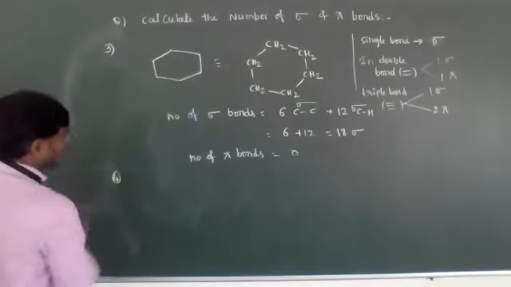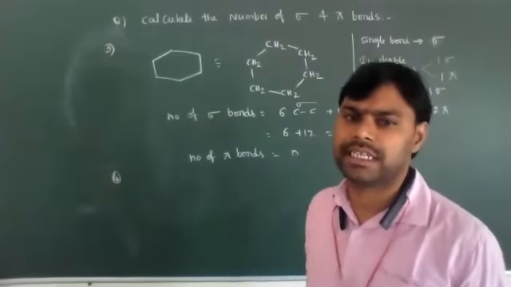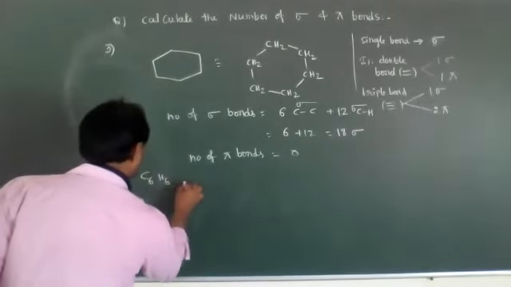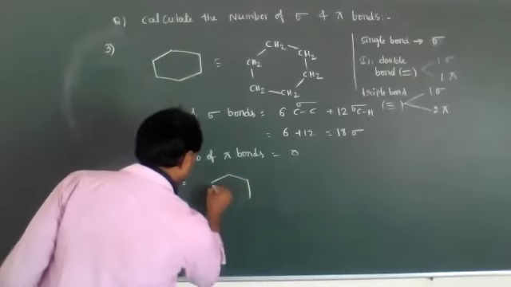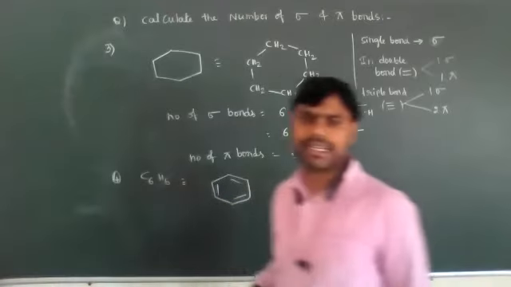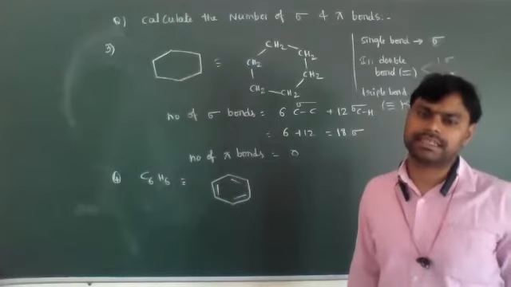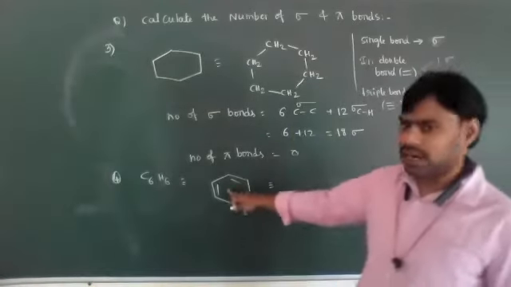Now, everyone has to calculate how many sigma and how many pi bonds are present for benzene. The molecular formula is C6H6. Benzene is a 6-member cyclic ring having 3 pi bonds present alternately. So you want its bond line structure? This is the bond line structure.